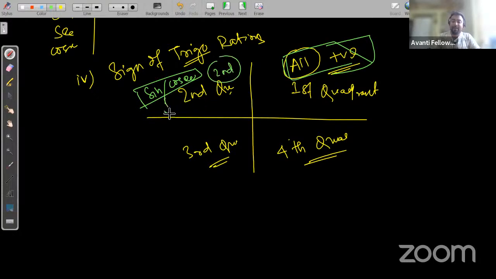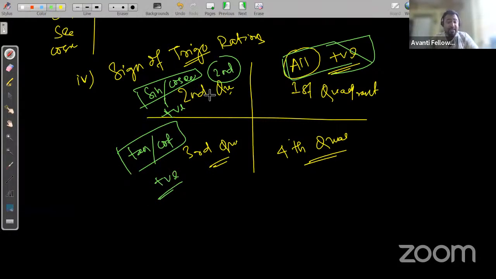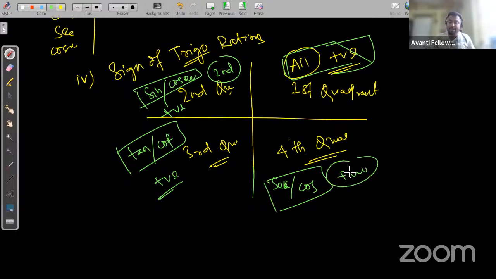Similarly, in the third quadrant, tan and cot are positive. That means in the second quadrant, sine and cosec are positive, and the rest are negative. Similarly, tan and cot are positive in the third quadrant, and sec and cos are positive in the fourth quadrant, and the rest of the trigonometric ratios are negative in the fourth quadrant.